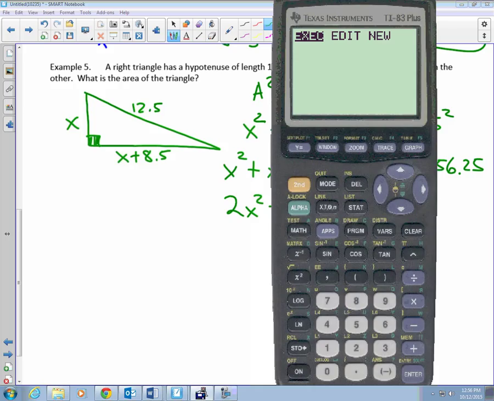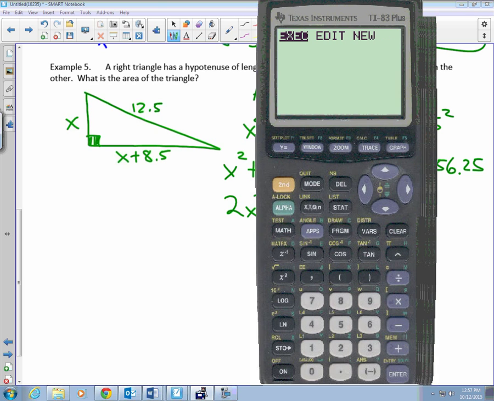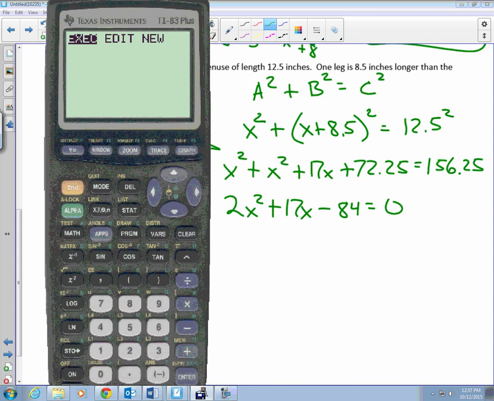And then it'll say program quad. Press enter again. And it'll ask you what A is. What is A? 2. Enter. 17. Enter. Negative 84. Enter. What do you get? Negative 12 and 3.5.